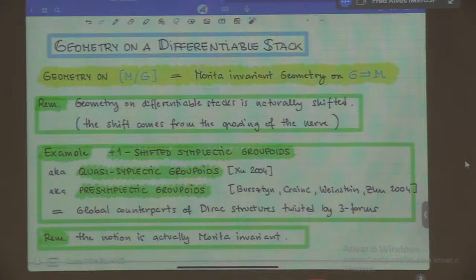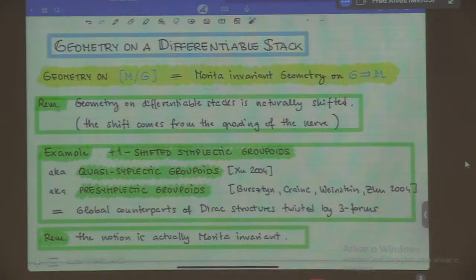And I have to remark that structures on differentiable stacks are actually graded. So they possess a grading which is inherited from the grading appearing in the simplicial structure of the nerve of the groupoid.